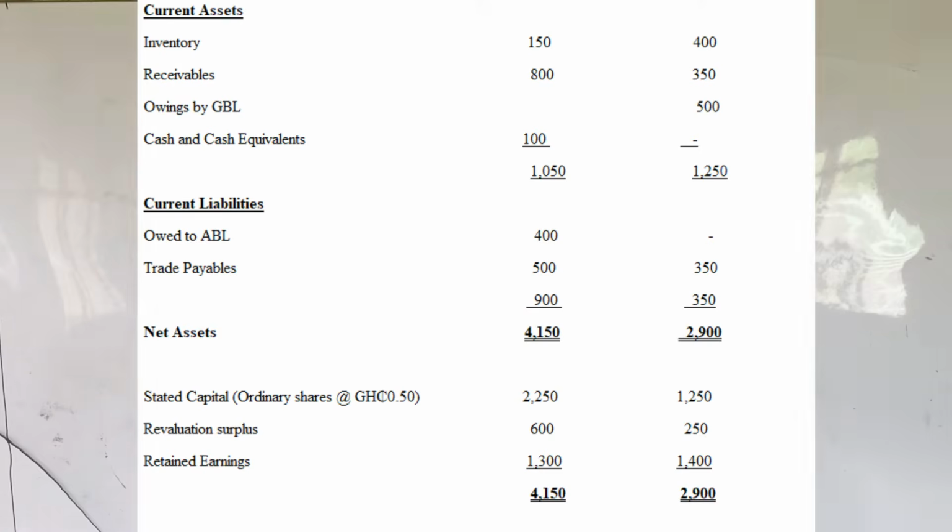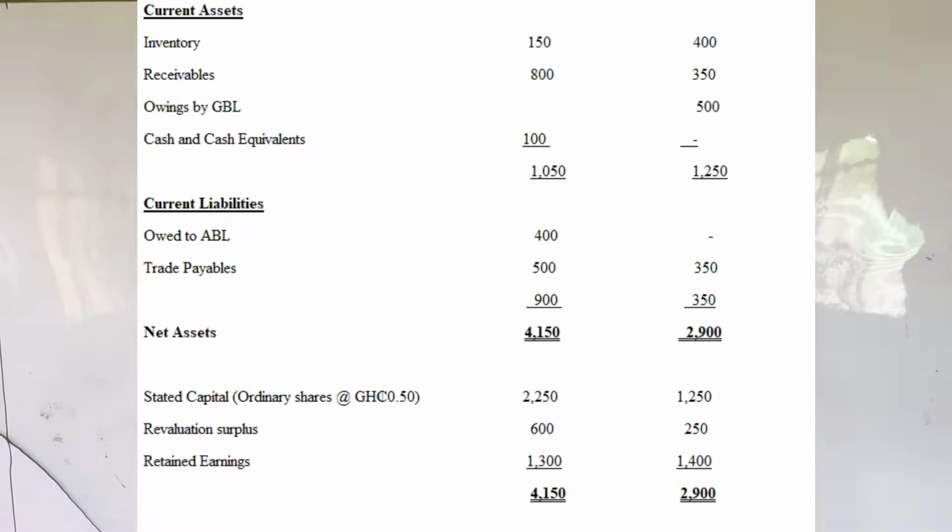And then, under current assets, we have inventory 150 and 400. We have receivables 800 and 350. And then we have owings by GBL under ABL alone. That is 500 Ghana cedis or 500,000 Ghana cedis. I'm going to explain that.